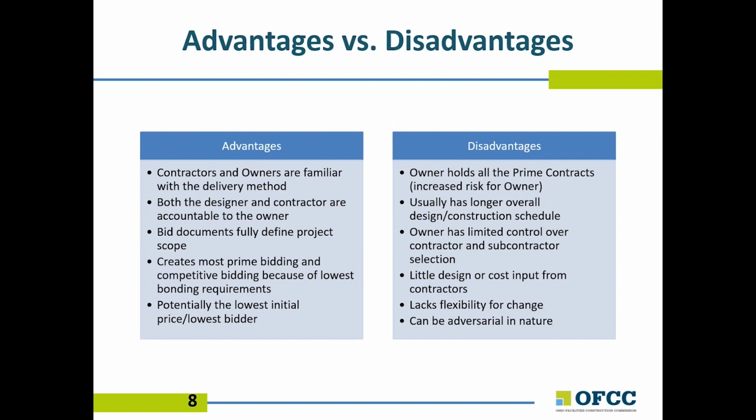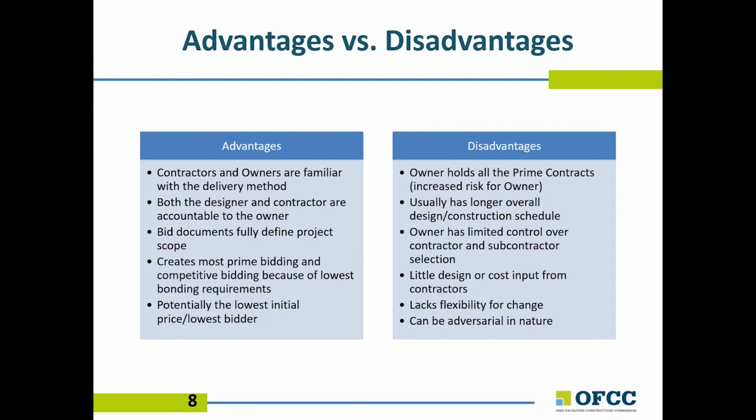A major disadvantage of multiple prime is that since the owner holds separate contracts with each prime contractor, there is a much higher risk associated with contractor claims and lack of coordination between the trades. Due to the requirement of 100% plans and specifications from the architect engineer, these projects have less opportunity to be accelerated and tend to be longer in duration.